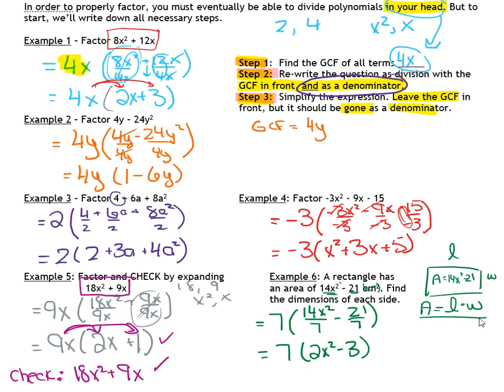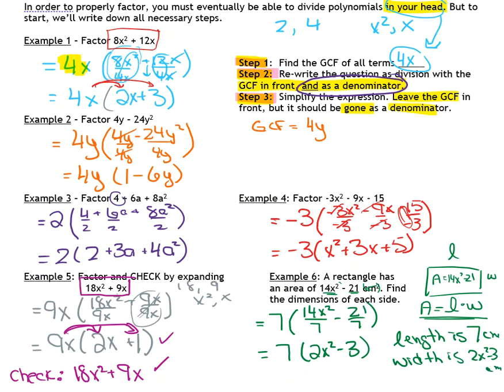So I can say that is a length and a width statement. It doesn't matter which one I say is length and width, but let's say the length is 7 centimeters, and the width is the other factor. Width is 2x squared minus 3 centimeters.